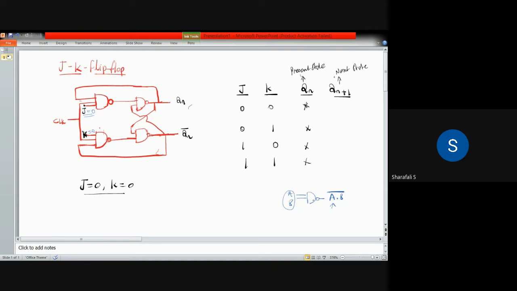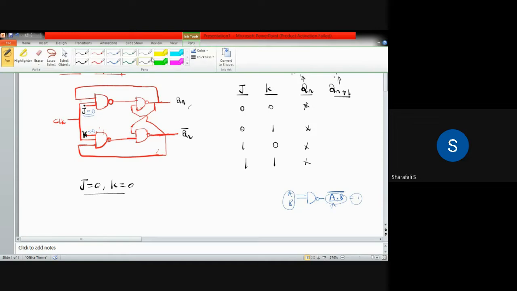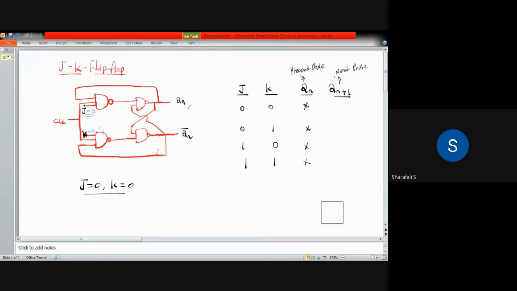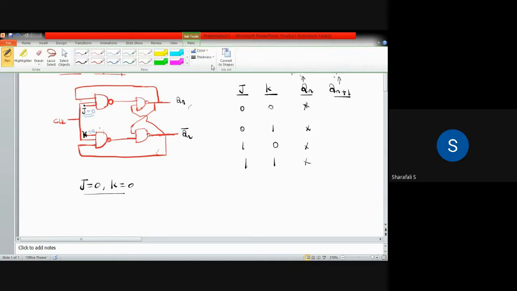So A dot B complement will be equal to 1. So if any input to a NAND gate is 0, the output will be 1.